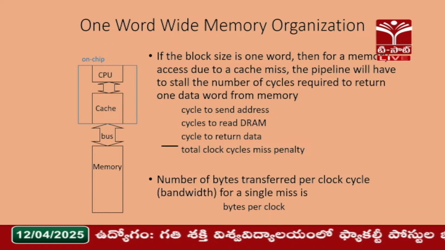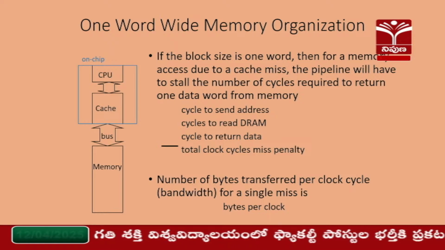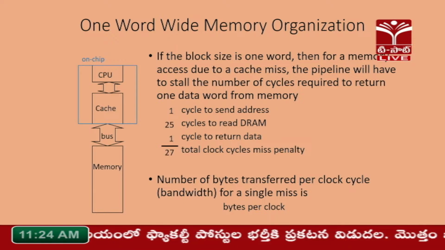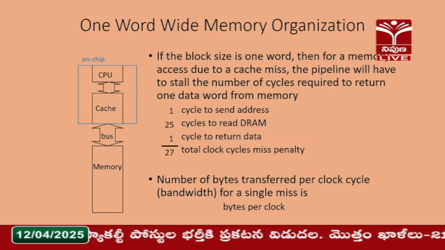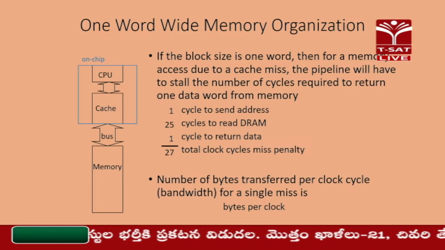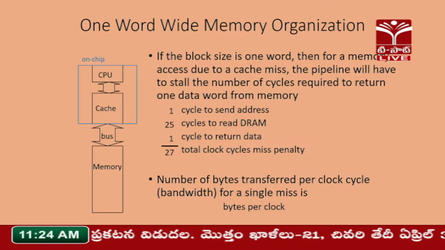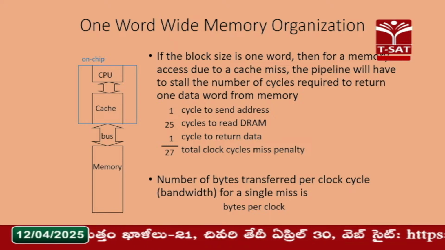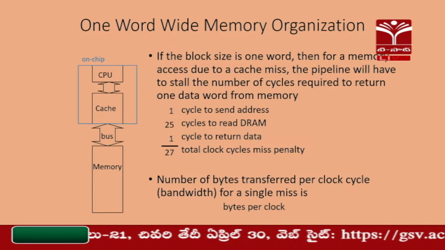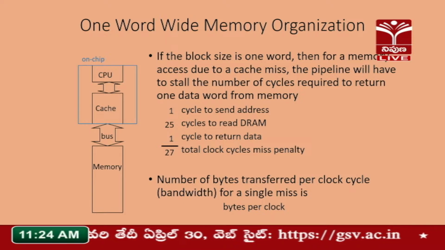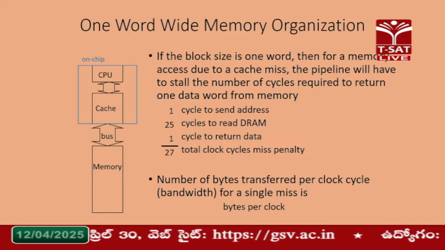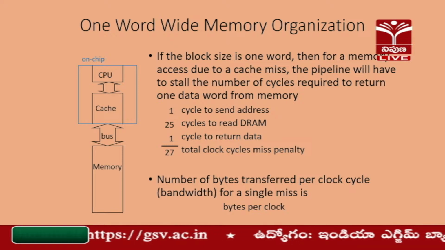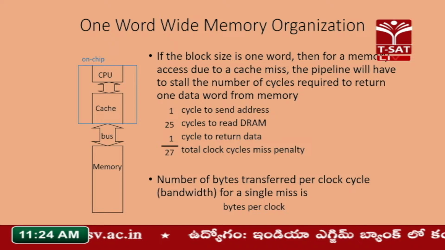So, here if the block size is one word, which is basically 32 bits, we have 1 clock cycle to send the address, 25 clock cycles to read the DRAM, and 1 clock cycle to return the data. So, it takes about 27 clock cycles for one word or 32 bit value to come from the DRAM memory into the cache and be available to the CPU.